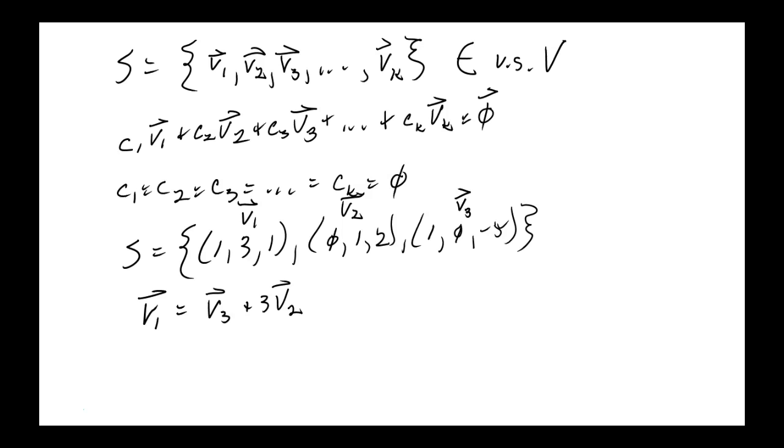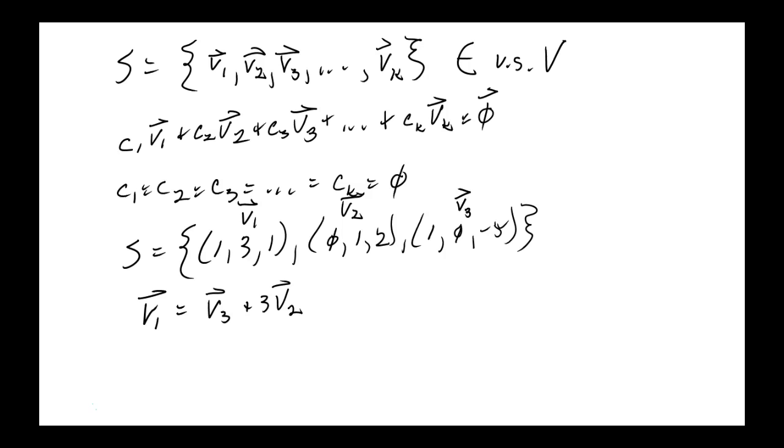Okay. Now, do you think this spans R3? Well, if you chose C1 to be 1, C2 to be minus 3, and C3 to be minus 1, then this would be the 0 vector without the C's being the trivial solution.